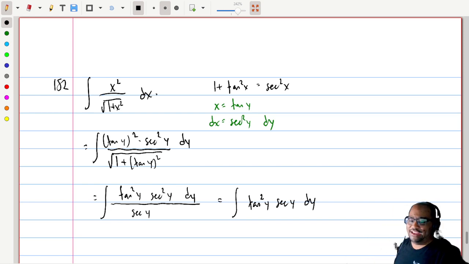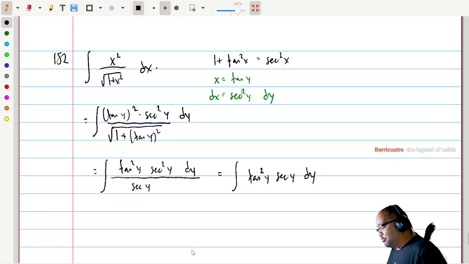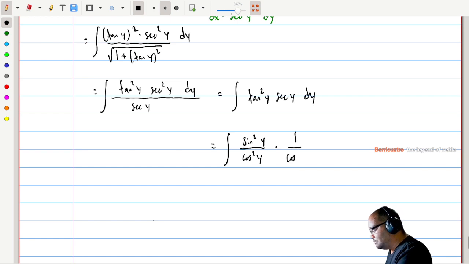Oh, I know the trick here. I got it. Okay. I know the trick here. We're going to write everything in terms of sines and cosines. Change this to sine over cosine. And secant is 1 over cosine. Oh, this is dirty. This is so dirty.